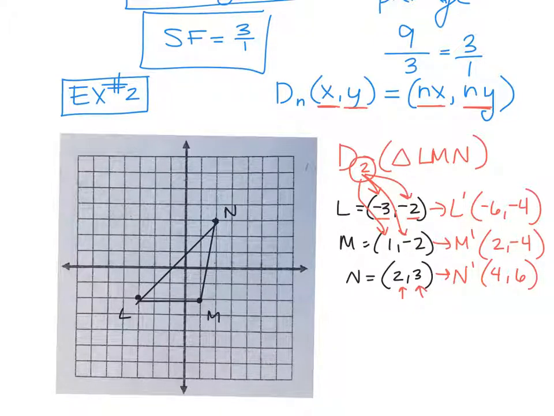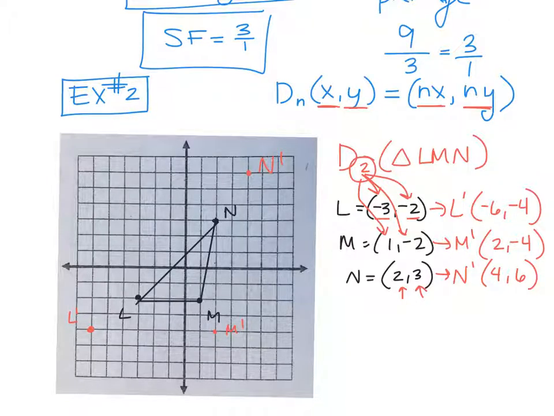Okay? So if we plot those, L prime, 1, 2, 3, 4, 5, 6, 1, 2, 3, 4. So here's L prime. M prime is 2, 1, 2, 3, 4. And then N prime is 4, 6. 1, 2, 3, 4. 1, 2, 3, 4, 5, 6.